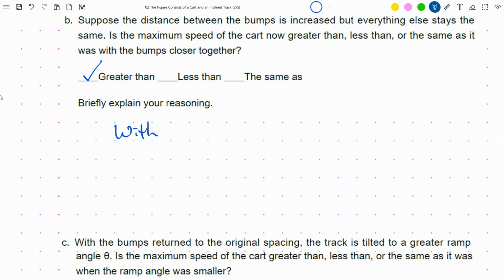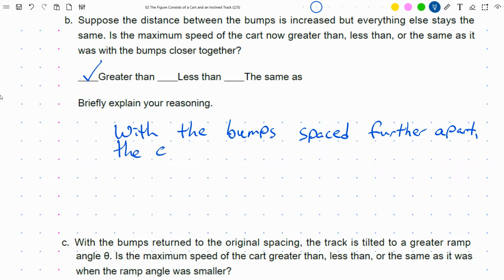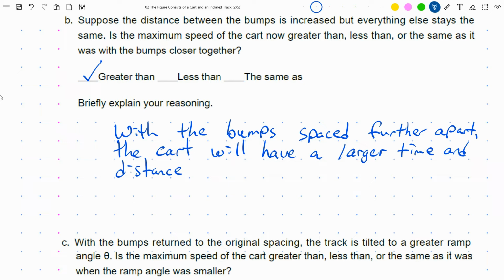With the bumps spaced further apart, the cart will have a larger time and distance to accelerate up to higher speeds.